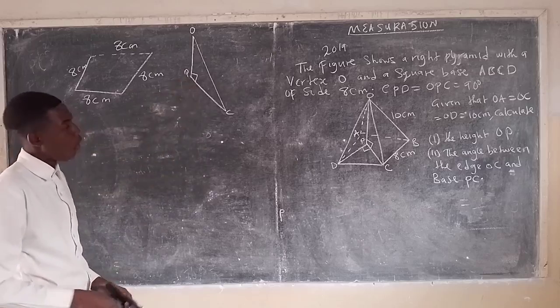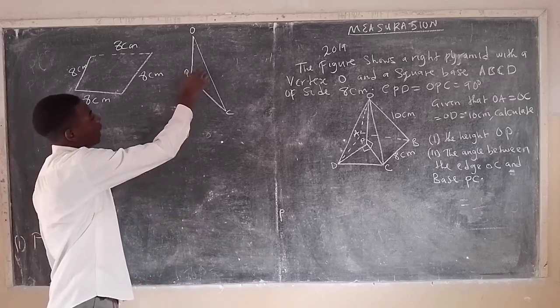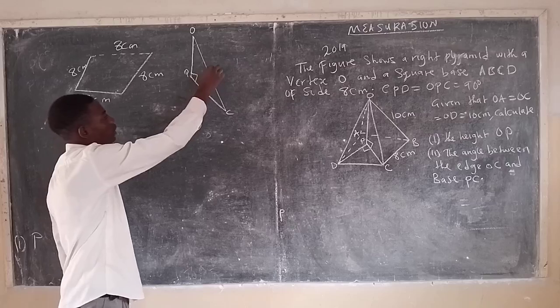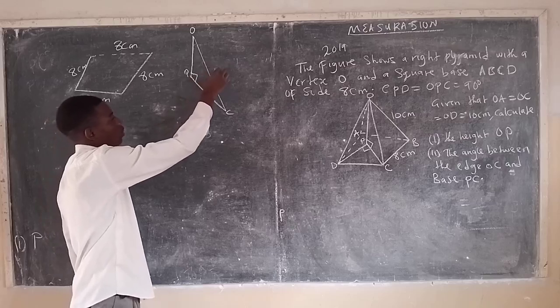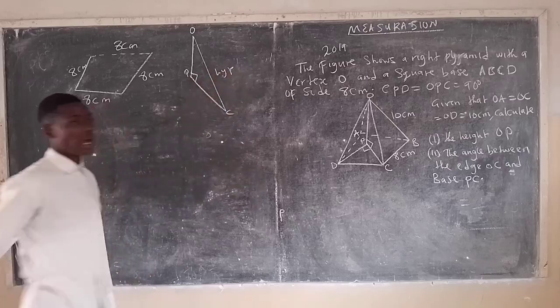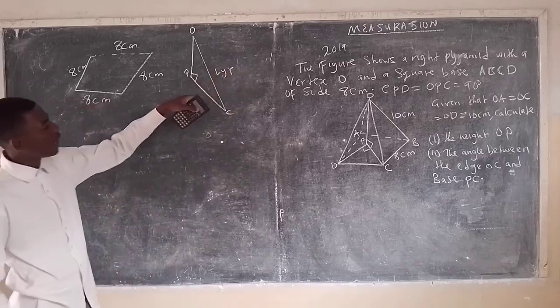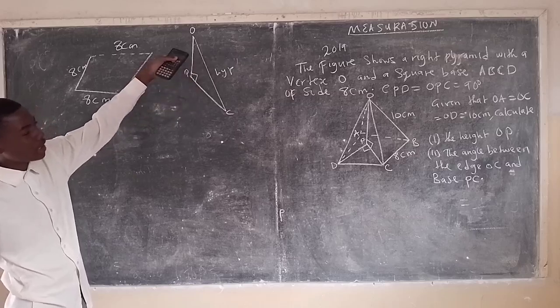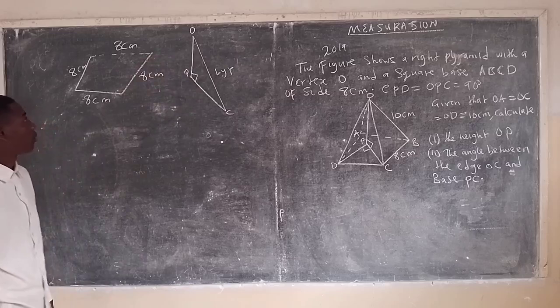So now, for us to find our OP, since this is a right angle triangle, we can use the Pythagoras theorem, where the right angle, the 90 degrees, always points to the hypotenuse. So this is our hypotenuse. Now we need values in order to find the hypotenuse.